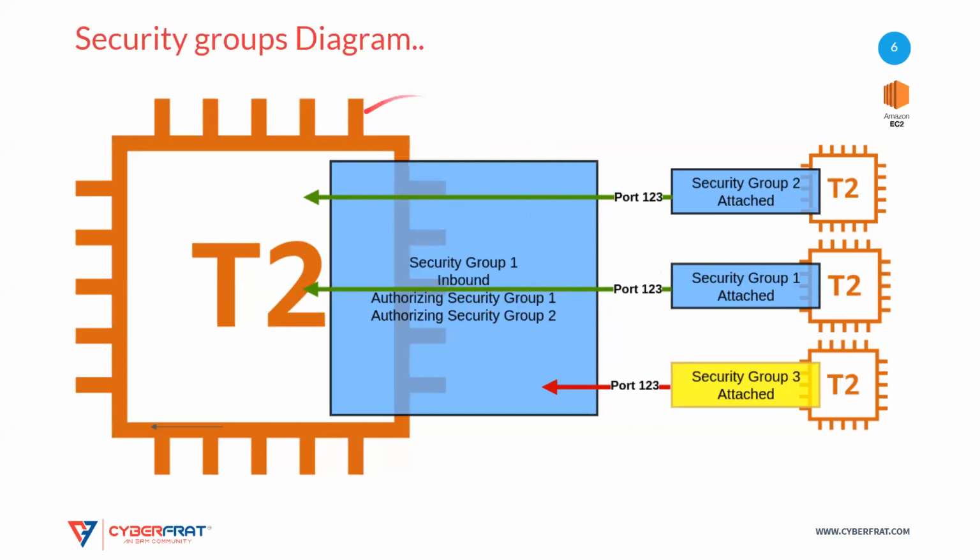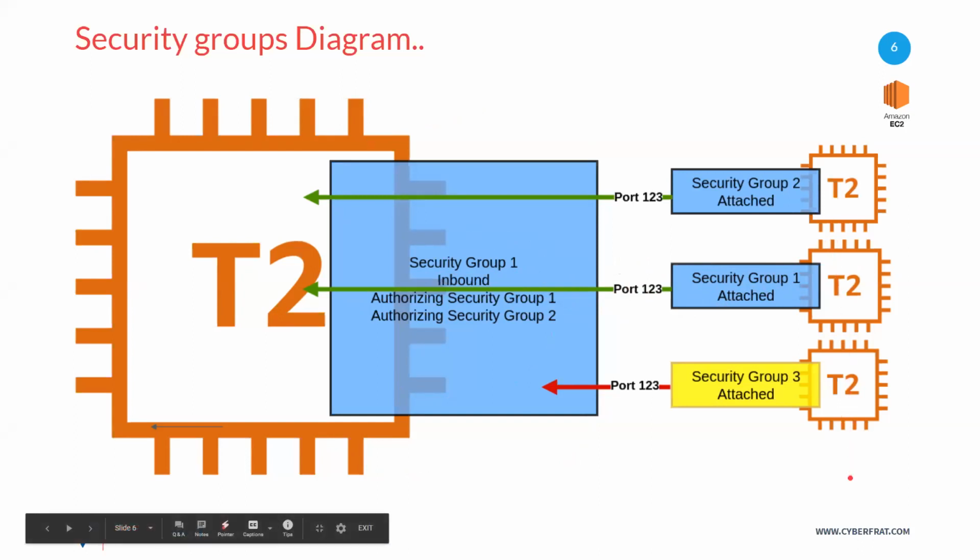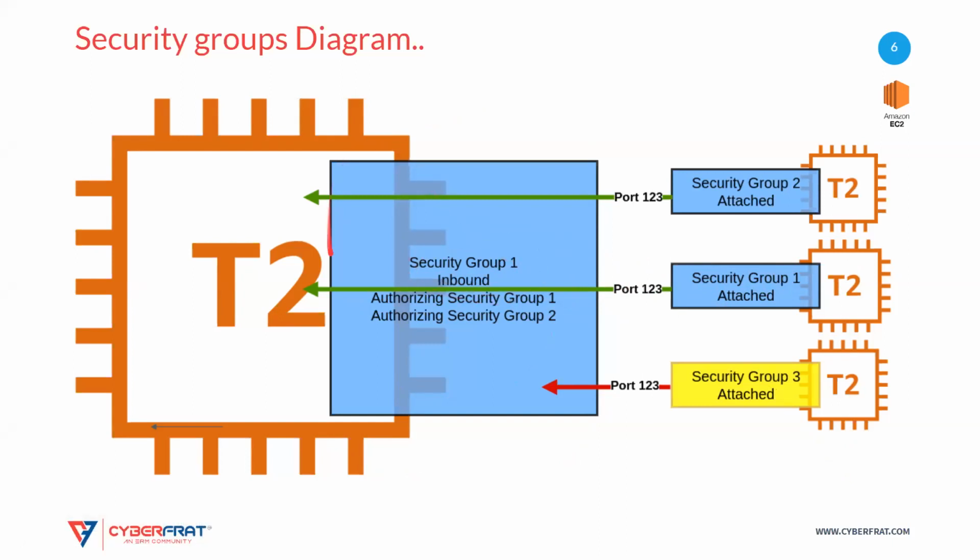For example, in this security group in the center, the blue color, I said allow port 123 from security group 1, so all the resources to which security group 1 is attached would be allowed. For example, if security group 1 is attached to 10 other EC2 instances, they can pass through this blue security group on port 123.